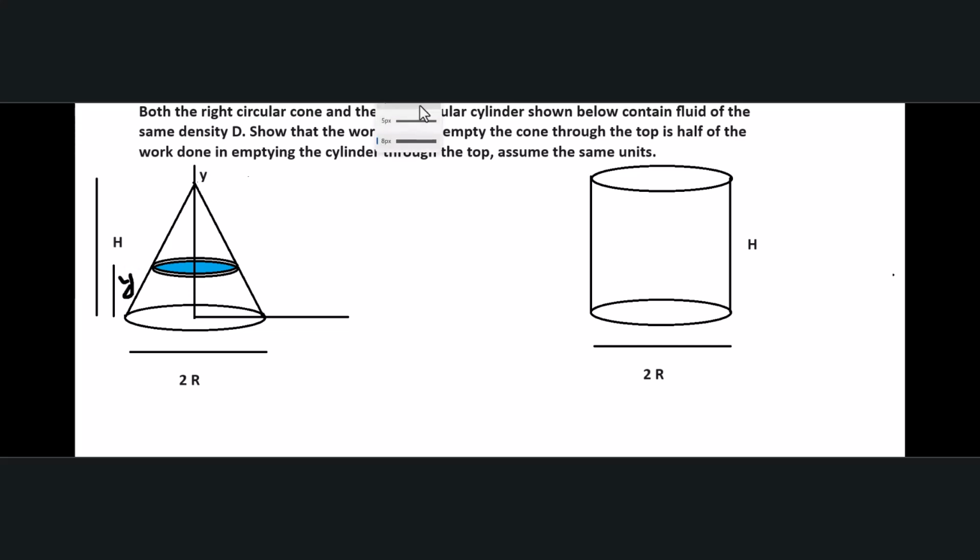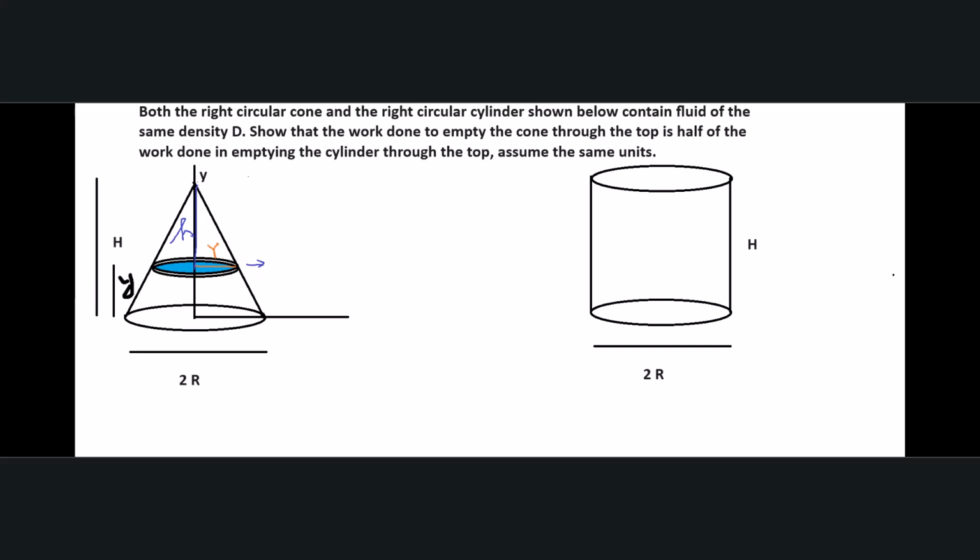Okay, and then let the radius of the slab be r, and the height of the cone be h.